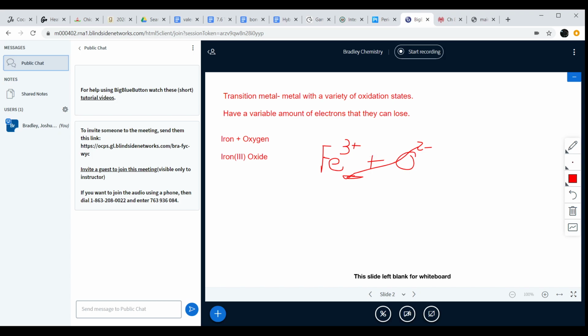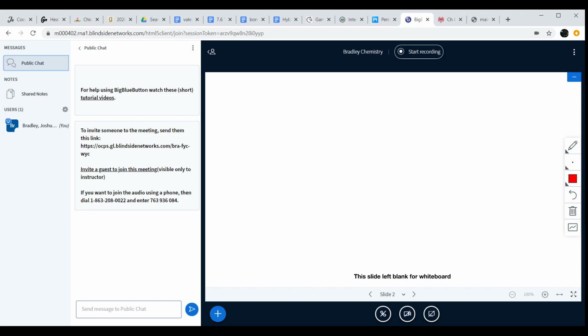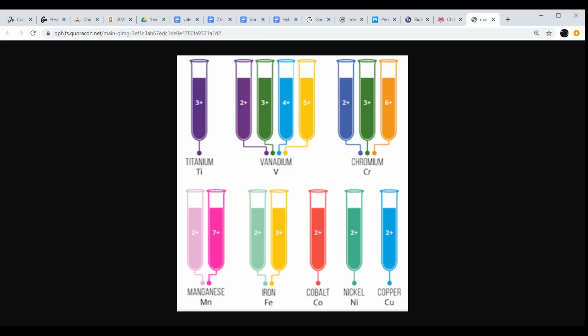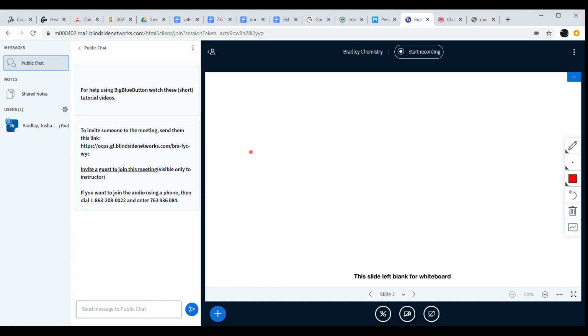Okay? Now let's go backwards, and let's pick another one of these metals here. Let's pick chromium. There we go, chromium, 6+. So let's say that we have chromium(VI) chloride. Let's take a look at what that formula would be.